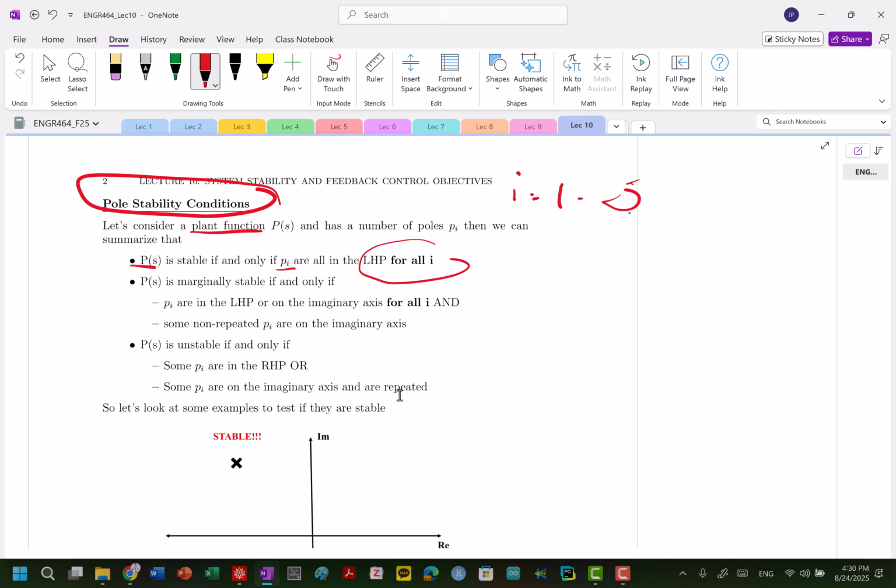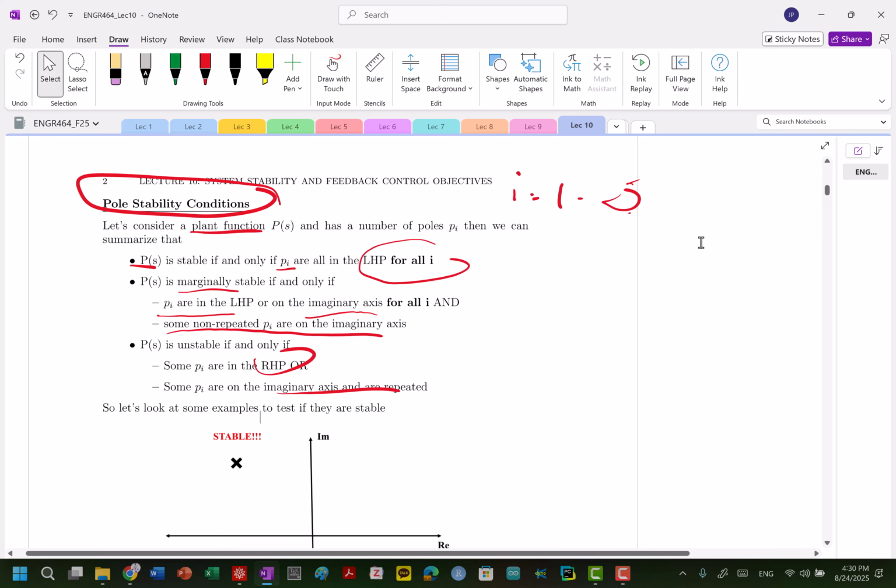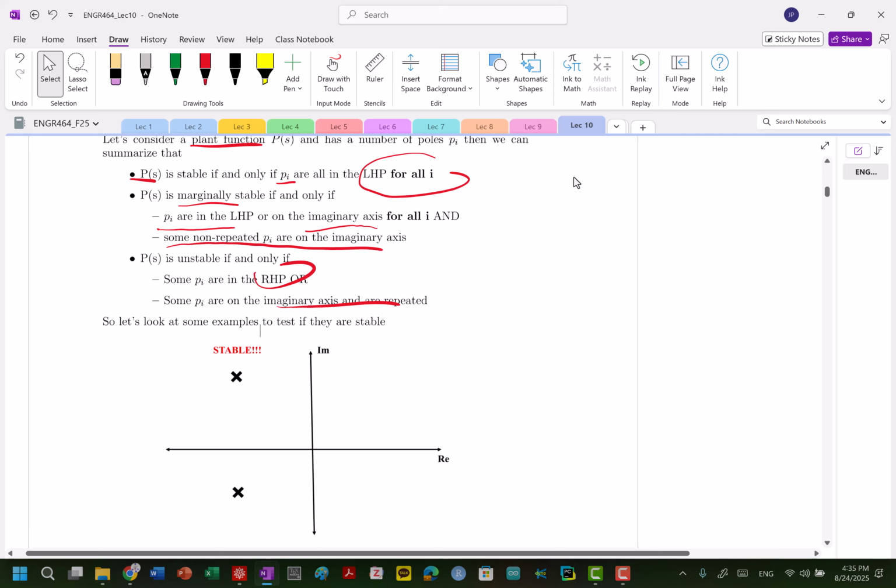We are marginally stable if all of them are in the left-hand plane or on the imaginary axis for all i, and there are non-repeated values. That's really critical. We are unstable if and only if some of the p sub i's are in the right-hand plane, or we have repeated p sub i's on the imaginary axis. So we can look at some example systems and see if they're stable.